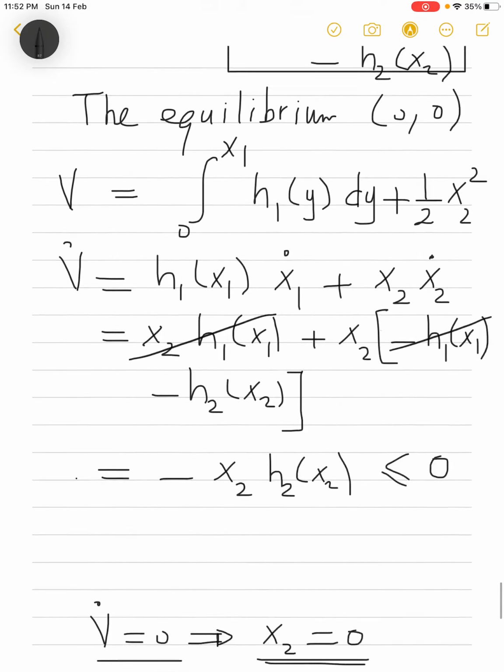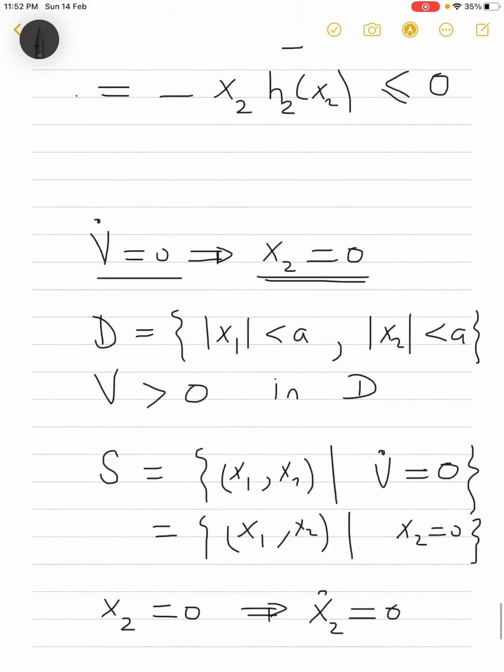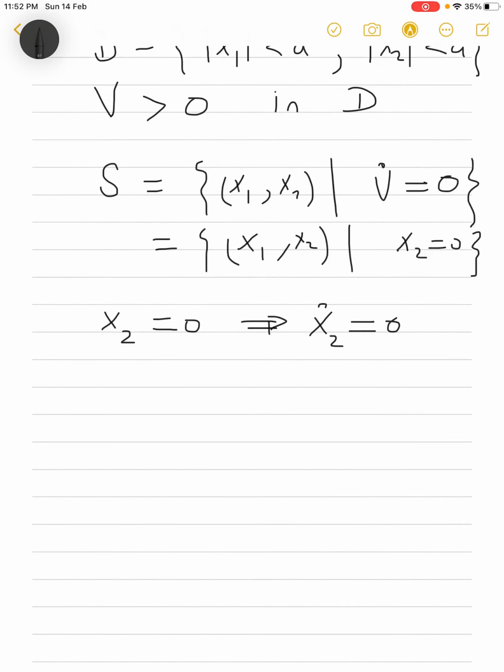So if we put x2 dot equal to 0 in the system equation and we know that x2 equals 0, that will lead to h1 of x1 equal to 0, and that will happen only if x1 is equal to 0. So that implies h1 of x1 equal to 0, and that means x1 equal to 0.